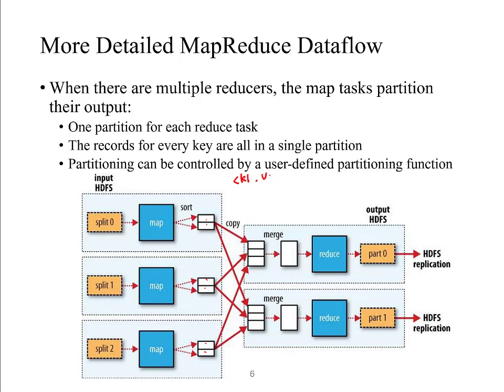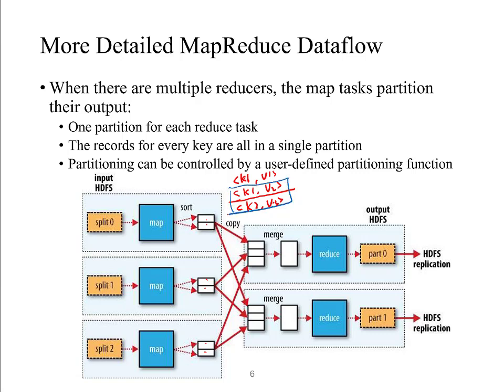Say we have key 1, value 1, key 1, value 2, and key 2, value 3. This is the output for one map task, and if we do the partition, we can only partition it like this. So for key 1, the key-value pairs have to reside in one partition.